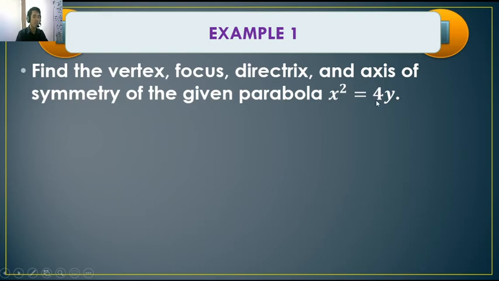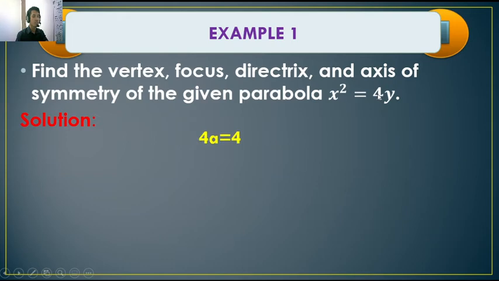Now to determine if this is upward or downward, if the numerical coefficient of y is positive, then the graph opens upward. If that's negative, downward. But this time, we have 4a and that is positive, so it opens upward.